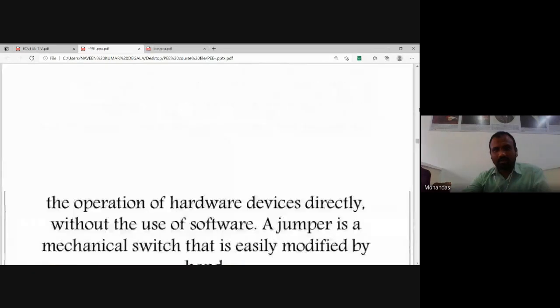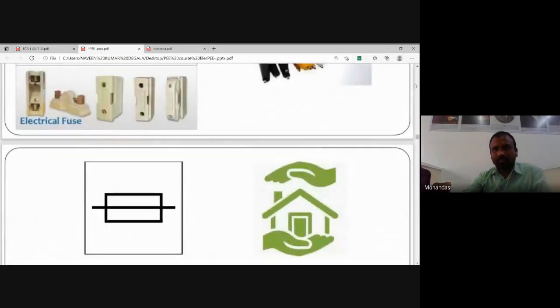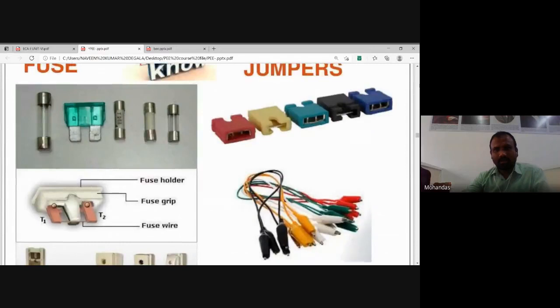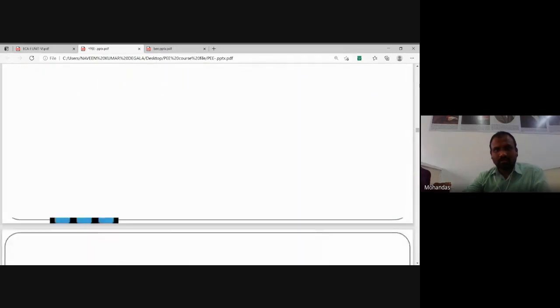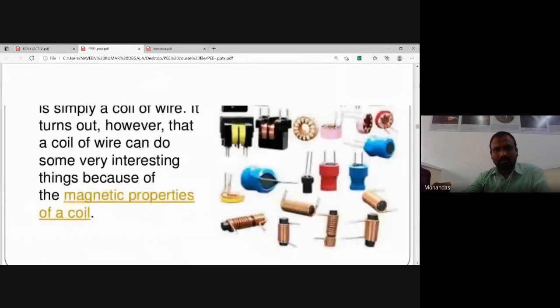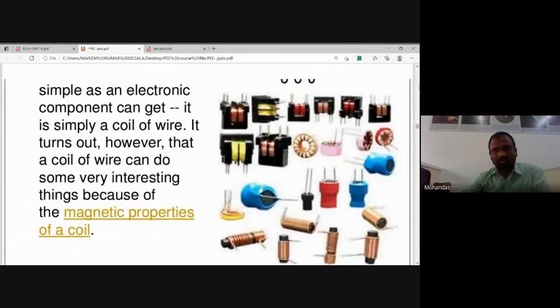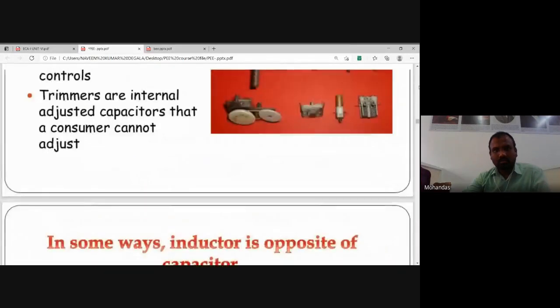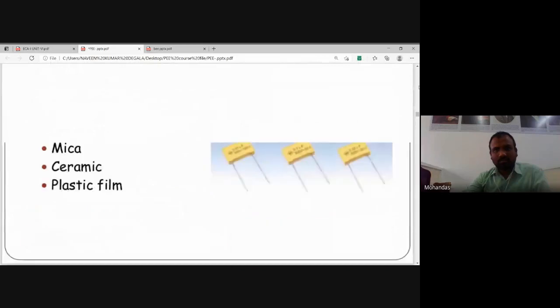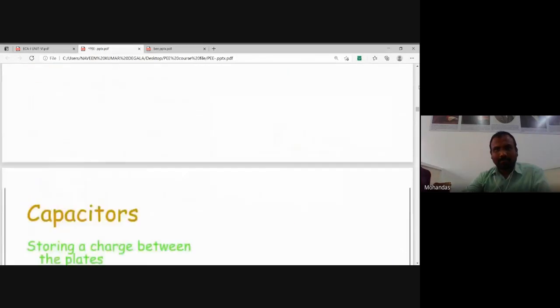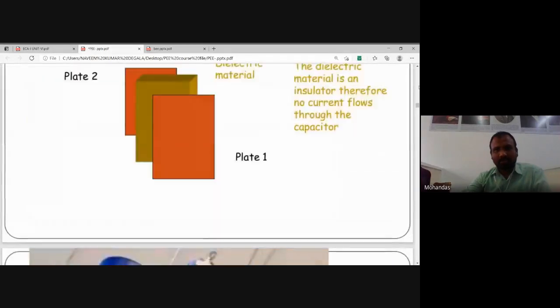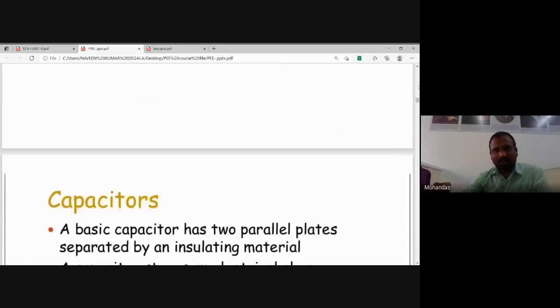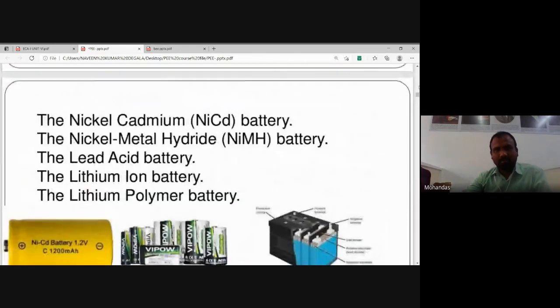Before that, I want to show some batteries which are available, so that you can have a clear idea about them.